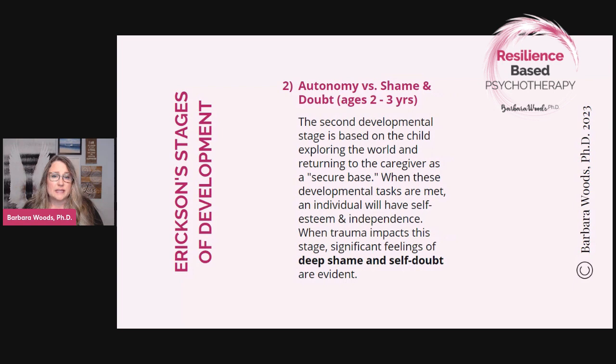The second stage is autonomy versus shame and doubt. This is from ages 2 to 3 years old. This is where the child, again, is exploring the world. They can start walking during this time, start realizing that they're a separate person, and they go out and explore away from the caregiver. Then they come back.